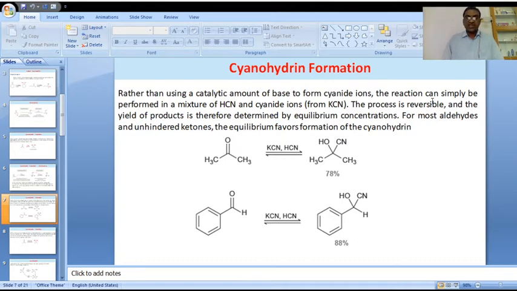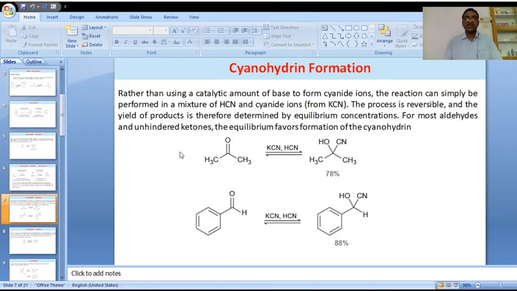Even though it is an equilibrium reaction, for most aldehydes and unhindered ketones the equilibrium favors formation of cyanohydrin, but some hindered ketones do not favor it.